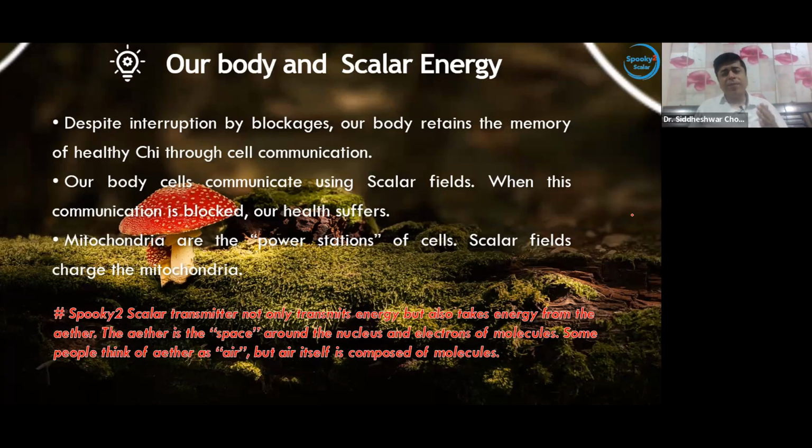Now, if the cellular communication has gone down due to our health conditions, due to our emotions, whatever you want to call it, then we need to provide an external scalar field, so that you just sit in the scalar field and our cells start communicating with each other very well. In our life also, if miscommunication comes between me and my parents, chaos starts. So it's all about communication, my friends.